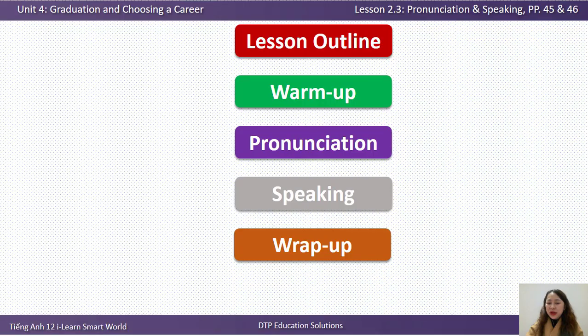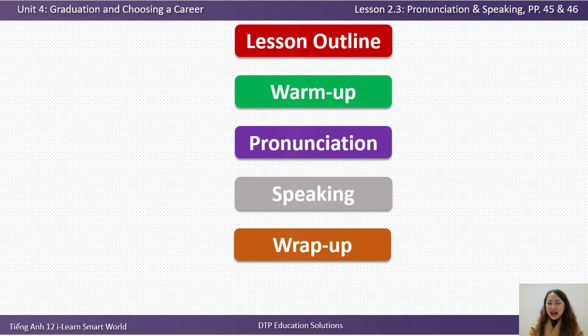After that, we will move to practice speaking. You will talk about careers, discuss their positives and negatives, and find ways to make them better. You'll work with me and then try with a partner on your own. Finally, we will wrap up the lesson by reviewing what we've learned, and I'll give you a short and fun homework task to practice more.